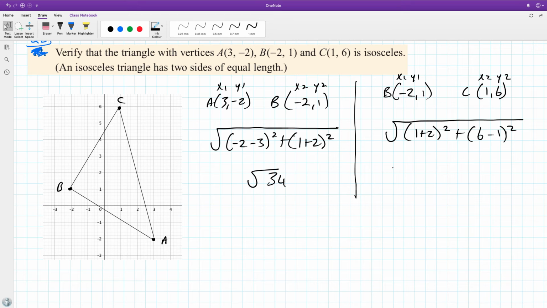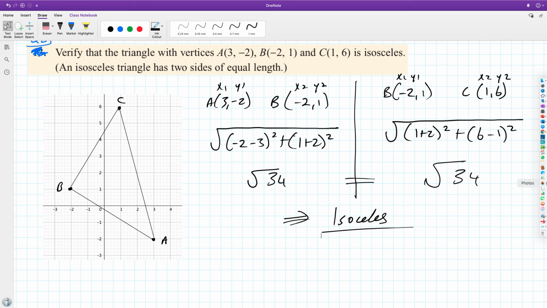That is the square root of 34. Square root of 34 is equal to square root of 34, therefore it's isosceles. And that would be typical of a question that will come up on the Junior Cert. Is that okay? Right, last little thing we're going to look at today, 15 minutes left, slope.